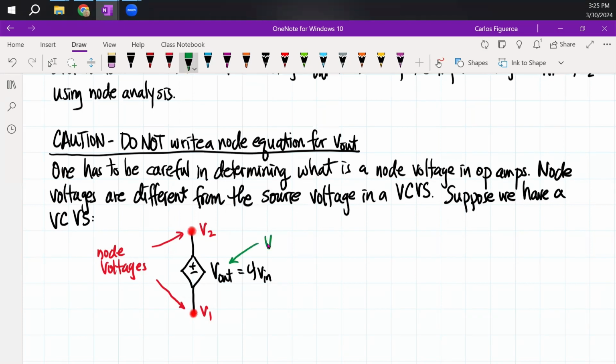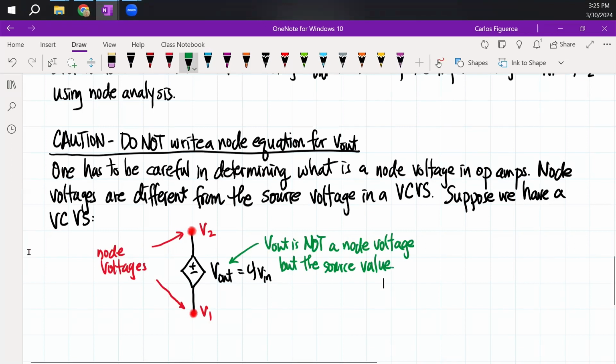V out is not a node voltage, but the source value. You cannot write an equation for V out because it depends on V1 and V2.